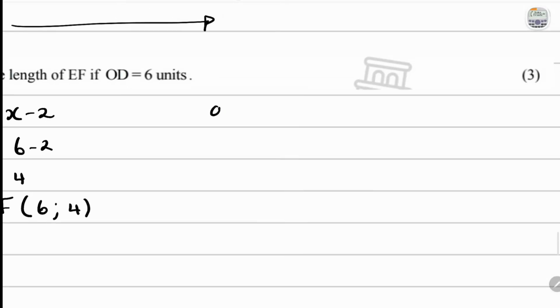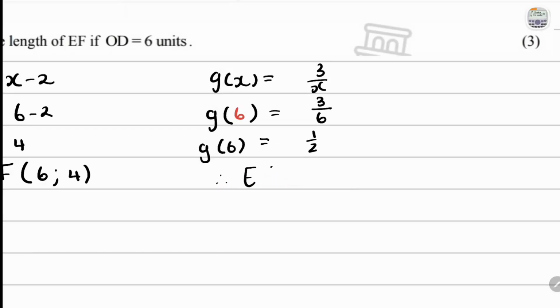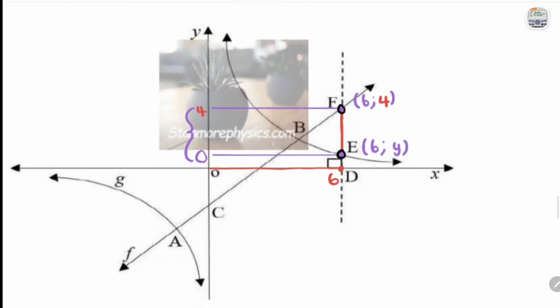And to find g, you know that g of x was equal to 3 over x. And you're going to substitute 6 into here so we can find out exactly what that is. So 3 over 6 gives you a half. Okay, that's g of 6. So that tells us the coordinates of E, 6 and a half. Okay, so you can also put that there.